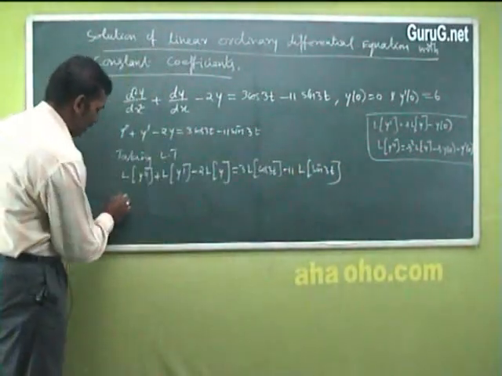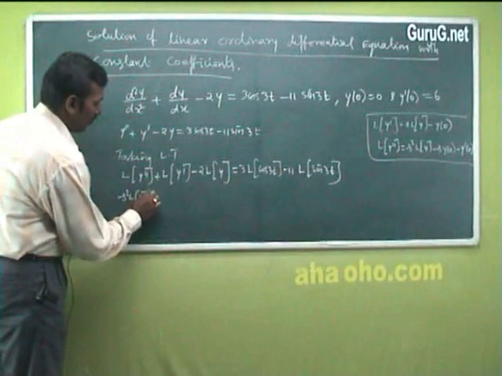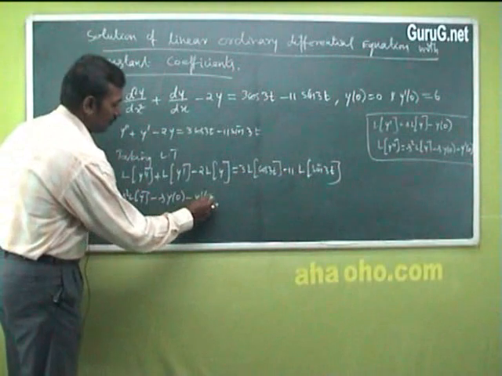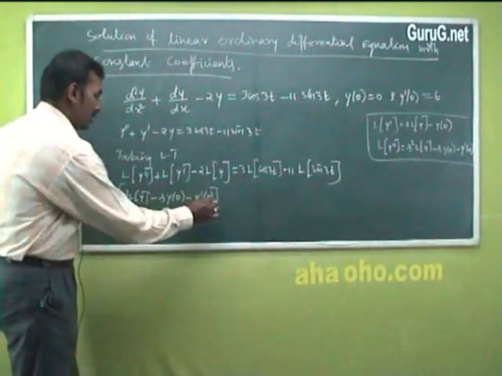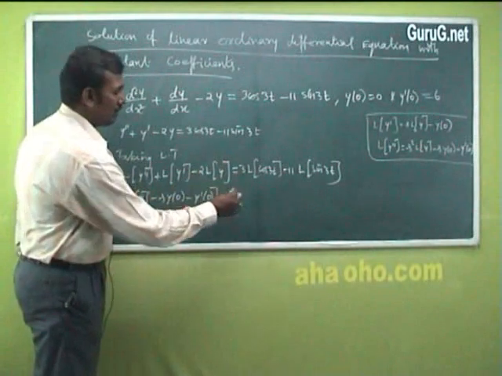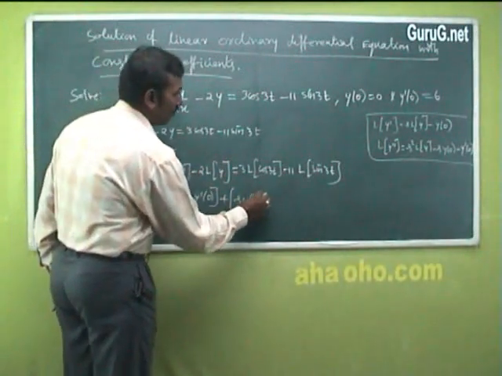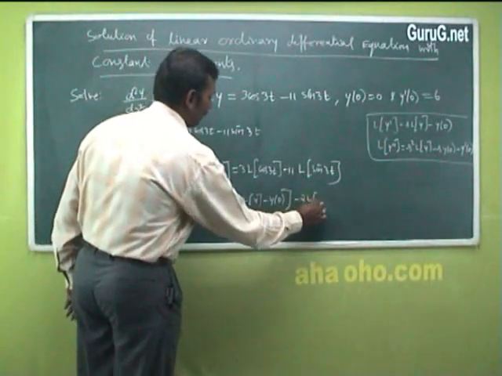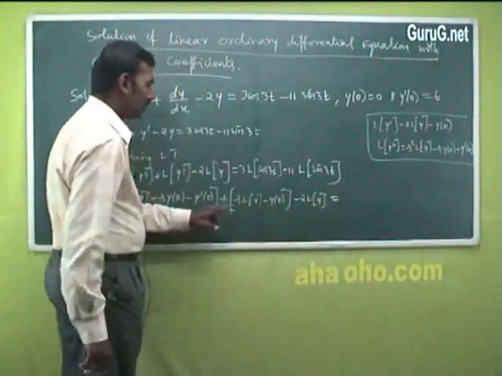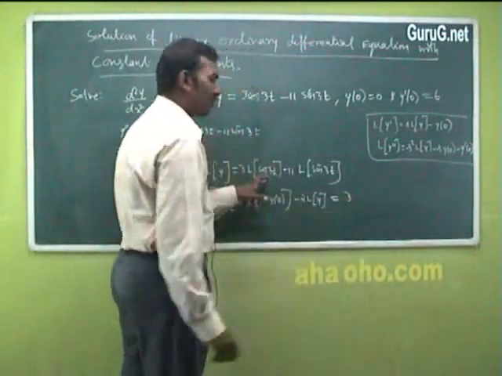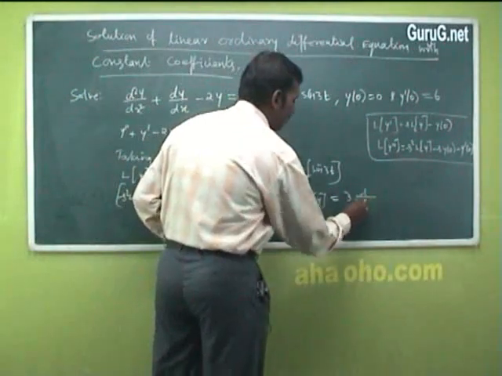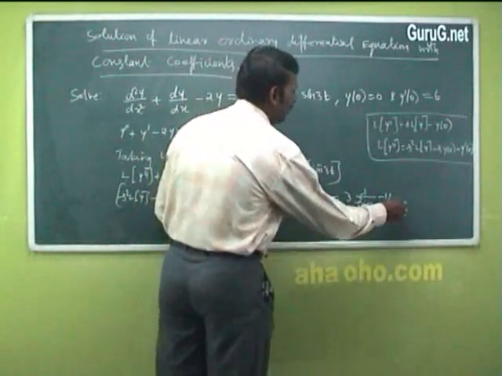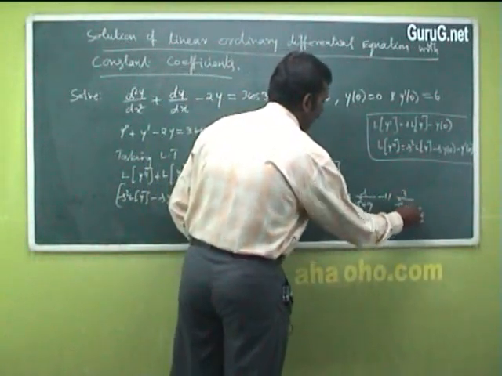Now what is the formula here? s squared L of y minus s y of 0 minus y dash of 0, right? Then plus L of y dash, s into L of y minus y of 0, minus 2 into L of y, keep as it is, right? Equals 3 into L of cos 3t, s by s squared plus 9, minus 11 into L of sin 3t, 3 by s squared plus 9, right?